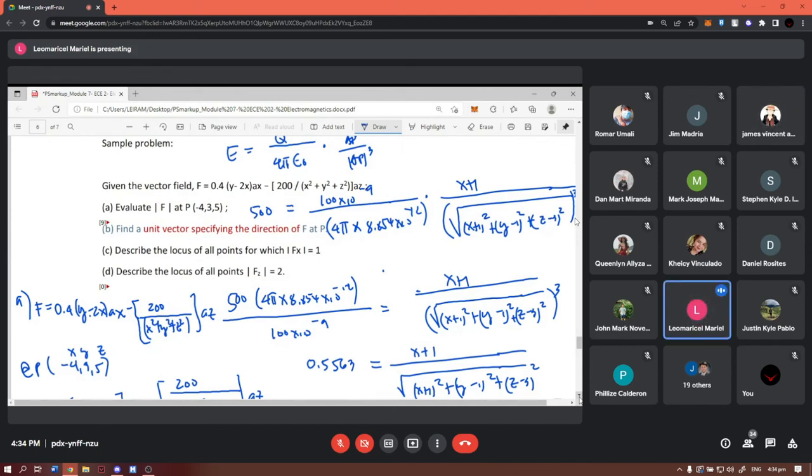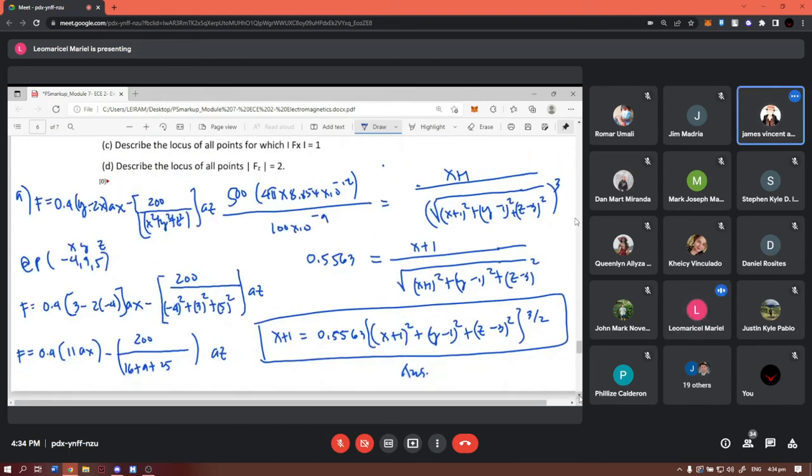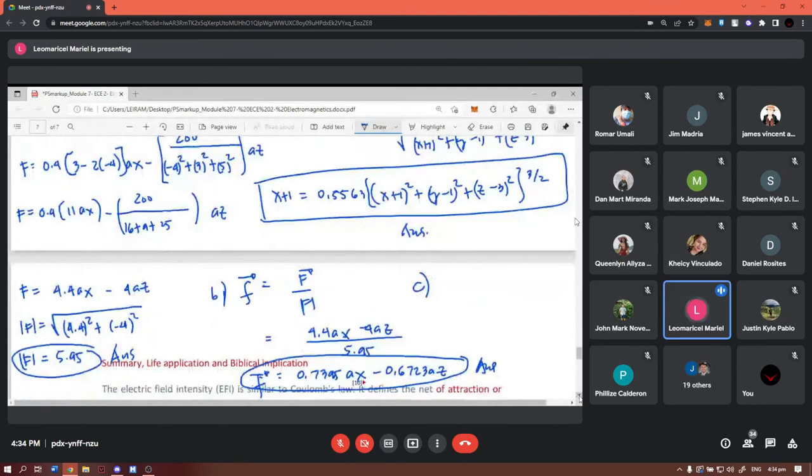X pa rin. Di ba ang given vector mo ay sa na-compute natin ay ito. Ayan, di ba? And then, ano yung locus of point mo para yung magnitude ng Fx is equals to 1? Ito yung vector mo lahat. Paano kukunin yun?